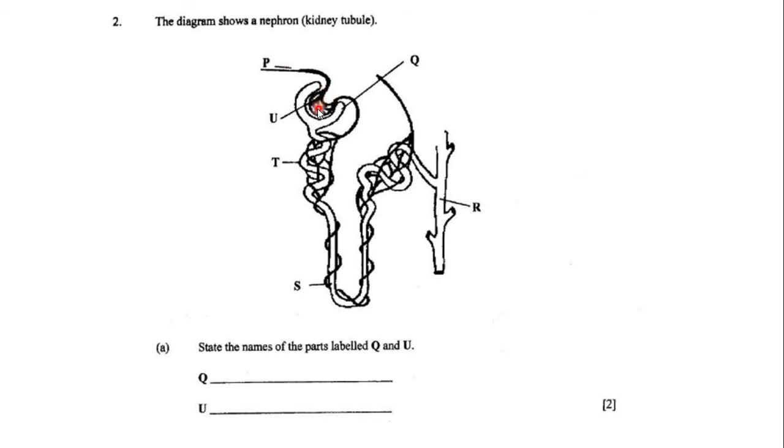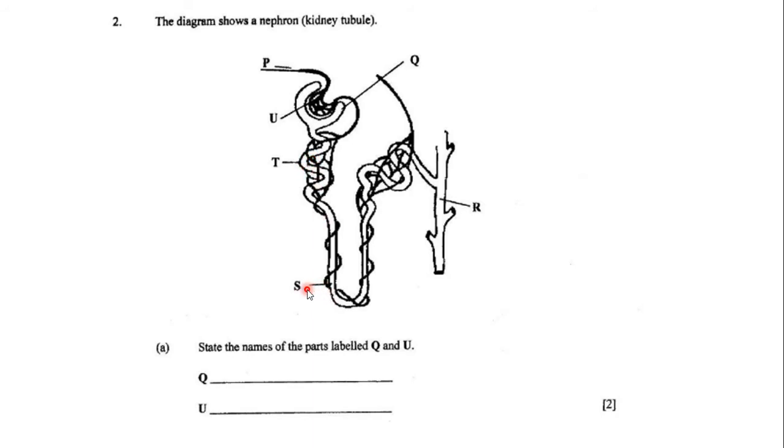U, this entity, the structure in here, is called the glomerulus. This structure here, Q, is called the Bowman's capsule. T points to the proximal convoluted tubule.